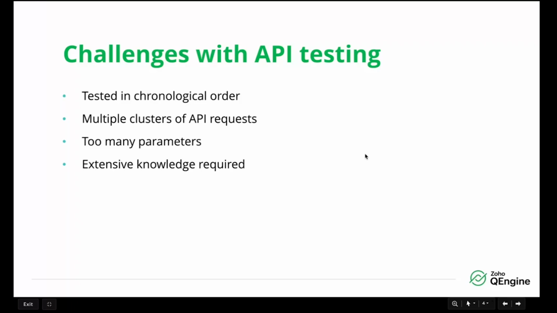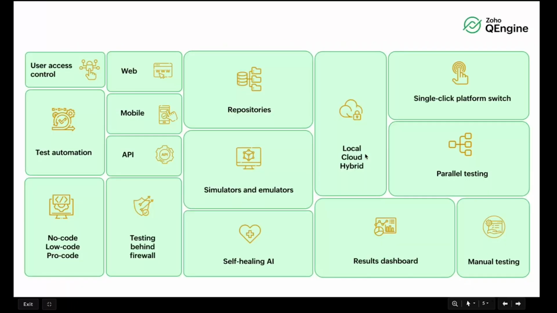So you need to have an understanding of what the API does. What is the purpose of the API? Without understanding what the API does or what the purpose of that particular API is, it's very difficult to test it thoroughly or properly or to ensure that it covers all the scenarios. So these are just some of the challenges one can face with API testing.